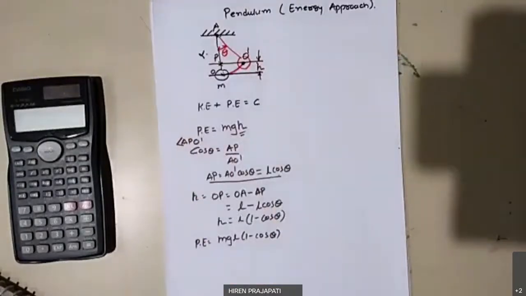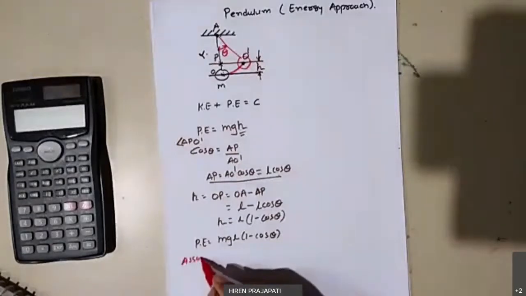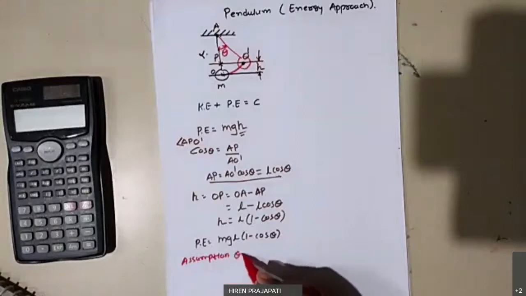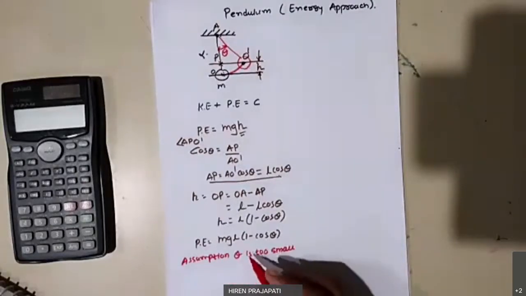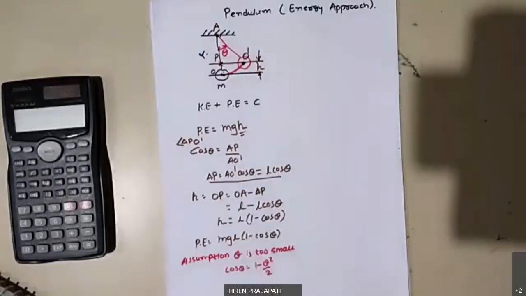So for the small angle approximation, our assumption is that theta is too small. So for that, I can write cos theta as 1 minus theta square by 2. This I can write here.